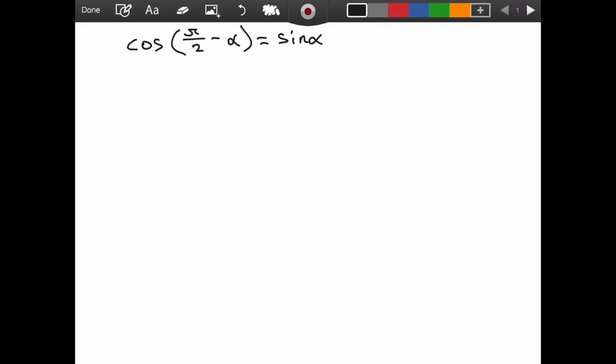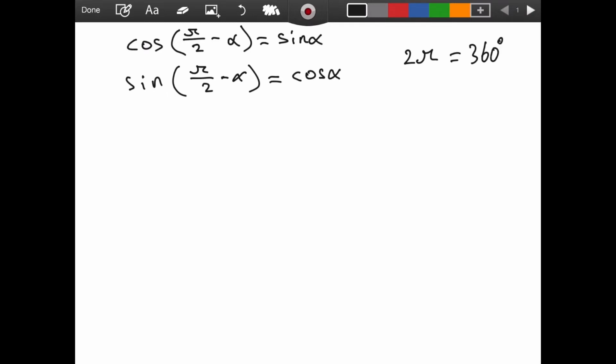And similarly, sine of pi over 2 minus alpha is equal to cosine of alpha. And here pi over 2 is of course in radians, where 2 pi radians is equal to 360 degrees. Okay, you probably know this, but in case you didn't know it.